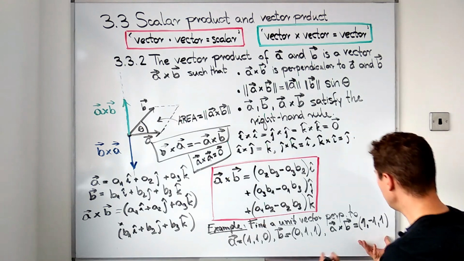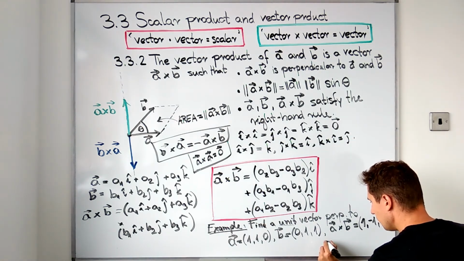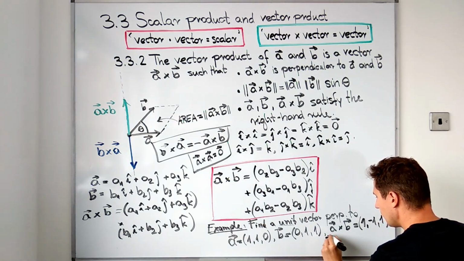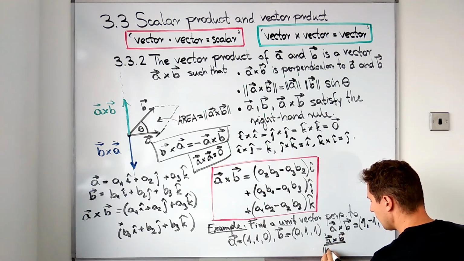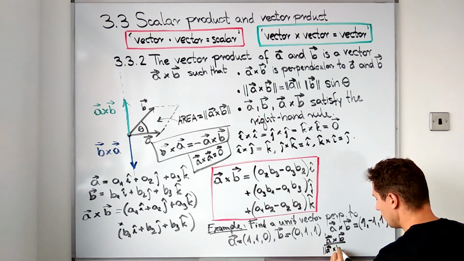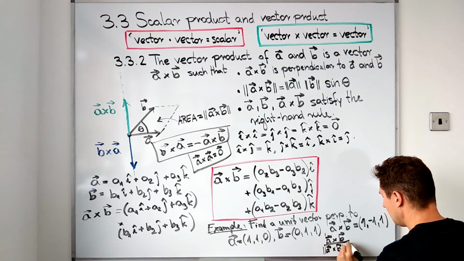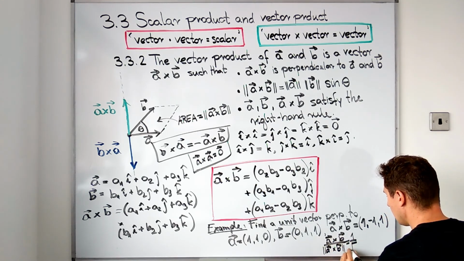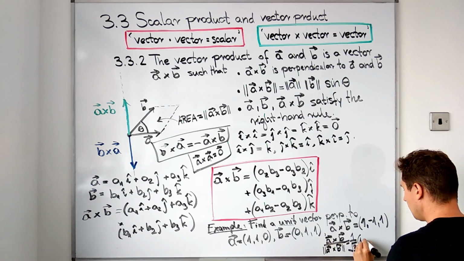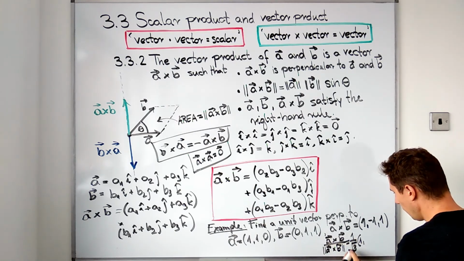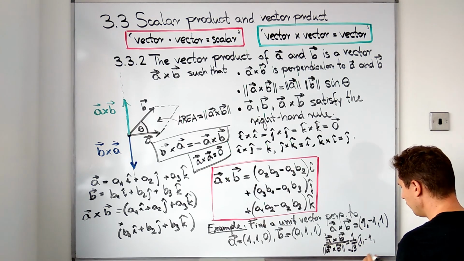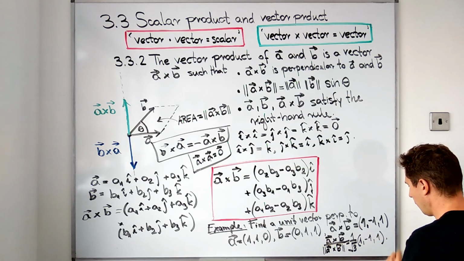So what we have to do with this vector is we have to divide it by its length. If we do that, we'll get a unit vector. Okay, and it will be the vector that is divided by √3 and has coordinates 1 over √3, -1 over √3, and 1 over √3.